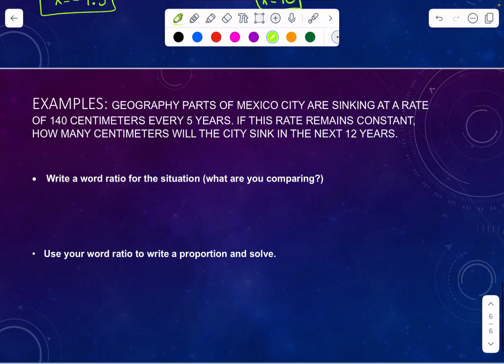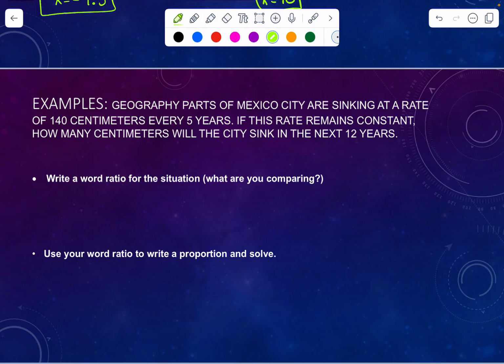Now we could throw this into a story problem as well. In geography, parts of Mexico City are sinking at a rate of 140 centimeters every 5 years. If this rate remains constant, how many centimeters will the city sink in the next 12 years? So what ratio are we looking for? What are we comparing?